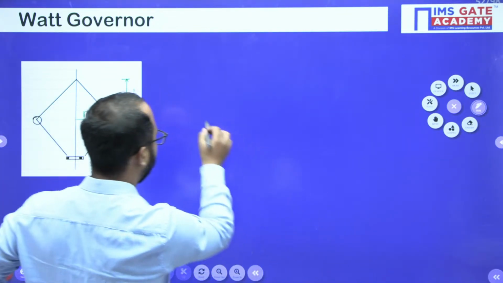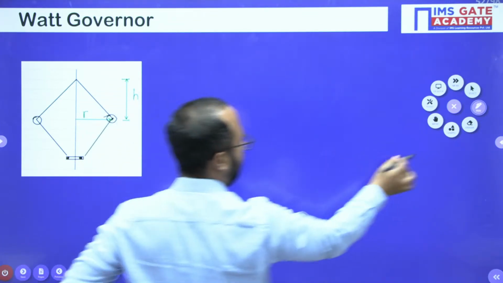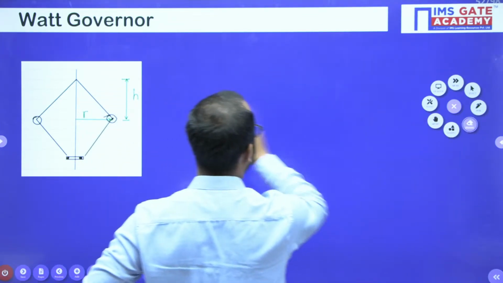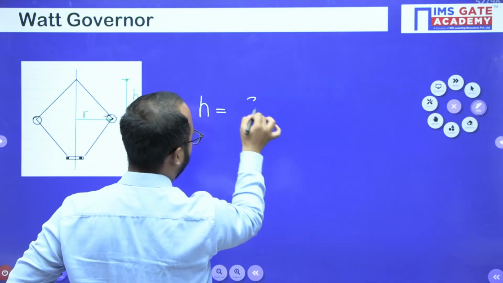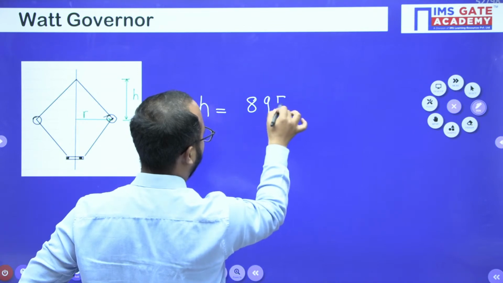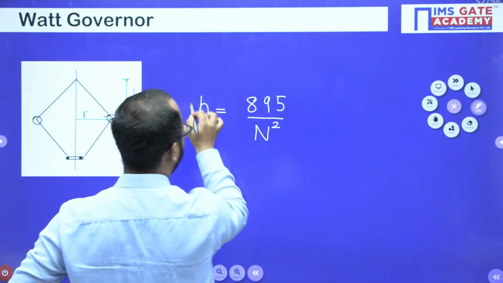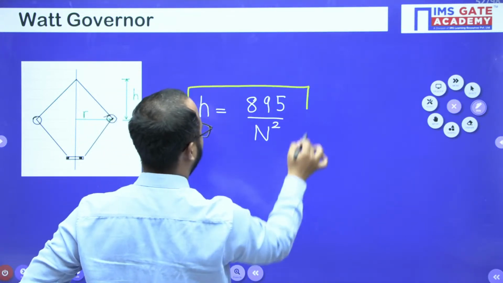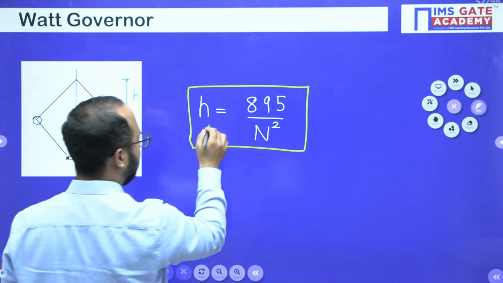Right, so actually here you should understand the height of governor. You can mention the height of governor H equals 895 by N square. This formula you should remember for the Watt governor.